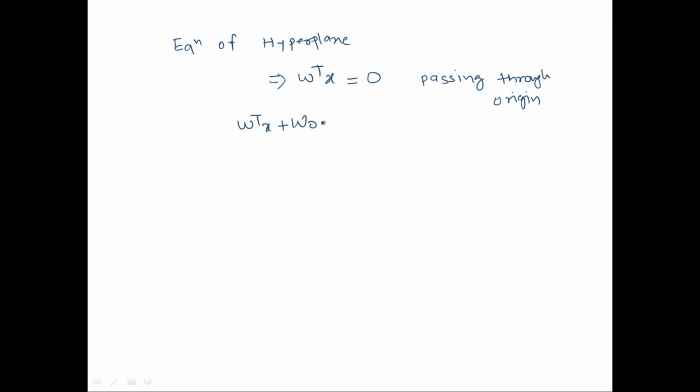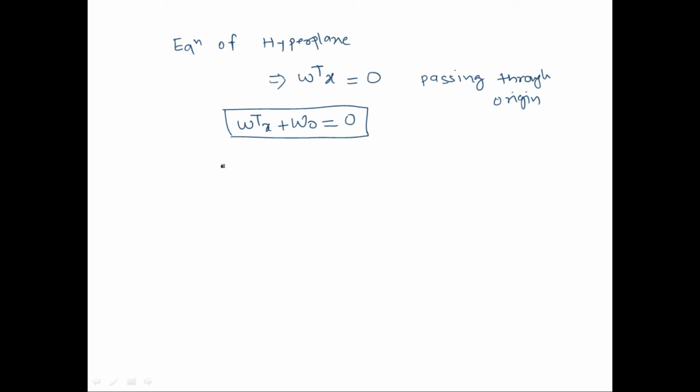So the equation of the hyperplane is w transpose x equal to 0 if the plane is passing through the origin. If the plane is not passing through the origin, the equation of the hyperplane will be w transpose x plus w0 equal to 0. This is the equation of the hyperplane.